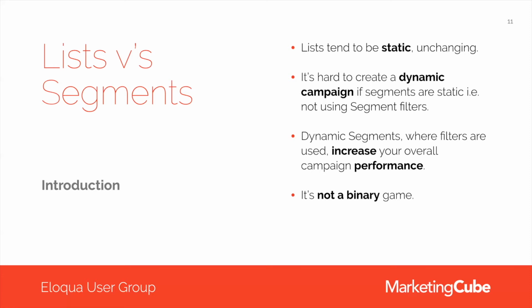And we've got a range of examples we can share from our own marketing campaigns here at Marketing Cube, because we use Eloqua in what we do. But we see the same result from our customers. But I suppose the final point is it's not a binary exercise. We're not suggesting that you stop doing any more Excel updates or uploads of people, because that will always need to be a part of what you do.